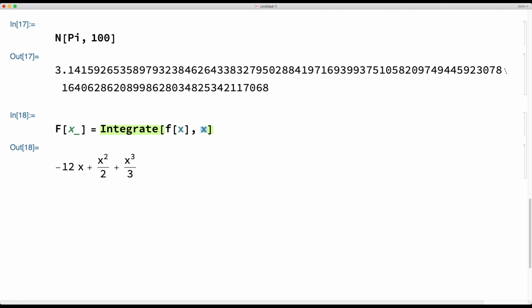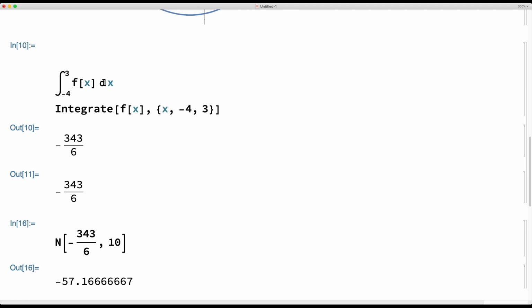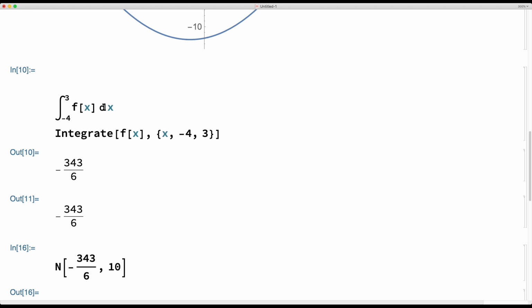Okay, and so then by hand, what would we do to compute this integral up here? I would plug 3 into my antiderivative, I'd plug minus 4 into my antiderivative, and I'd subtract the second answer from the first, correct?